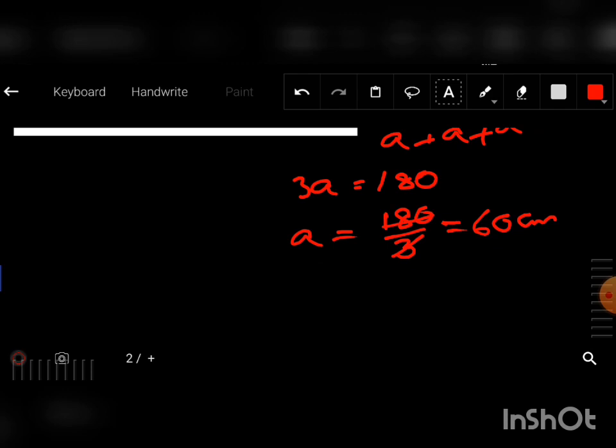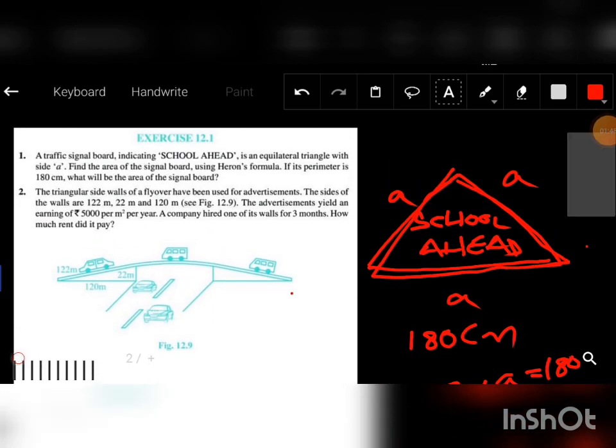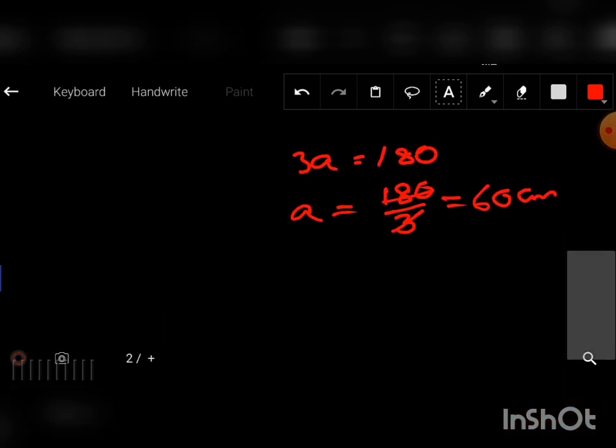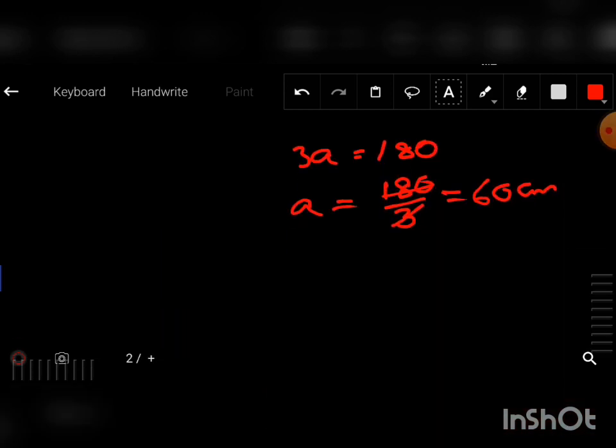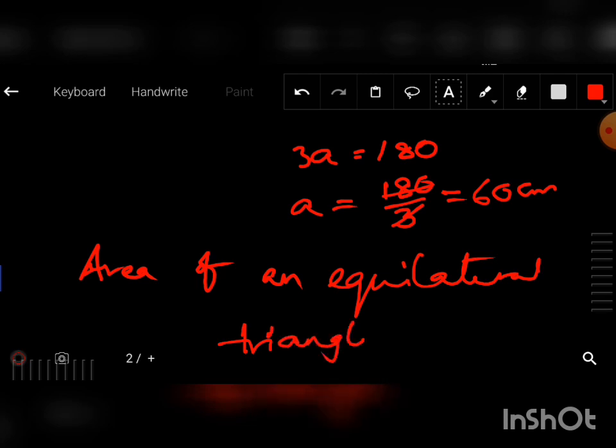As it is given, the board is in the shape of an equilateral triangle. We know the area of an equilateral triangle. Area of equilateral triangle is root 3 by 4 a square.